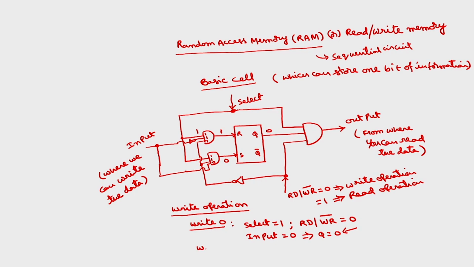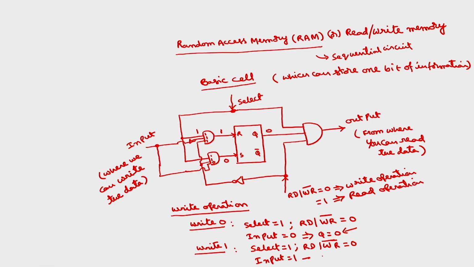Similarly, if you want to write 1, select is 1, read by write bar should be 0, but input will be 1. If you make input equal to 0, a 0 is written, if input is 1, a 1 is written.